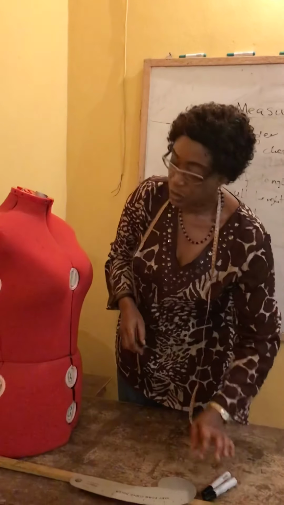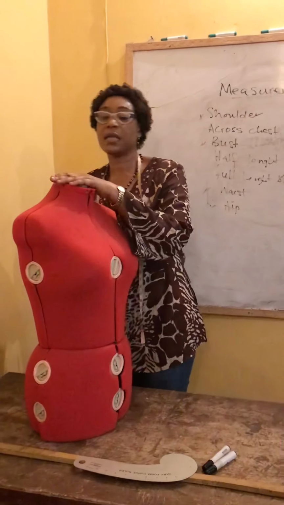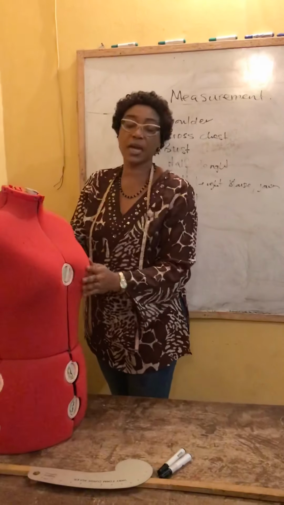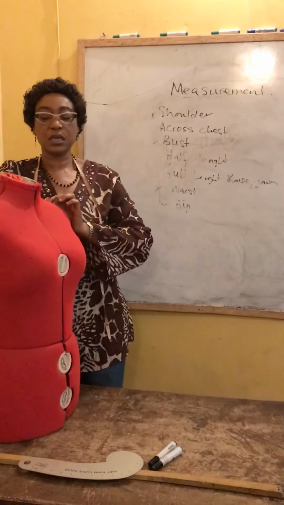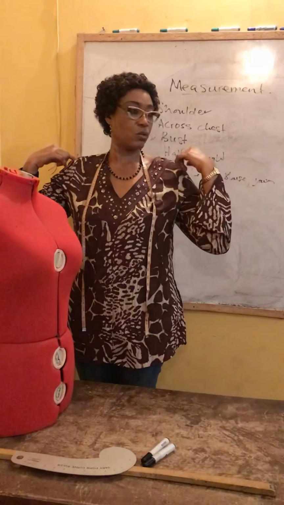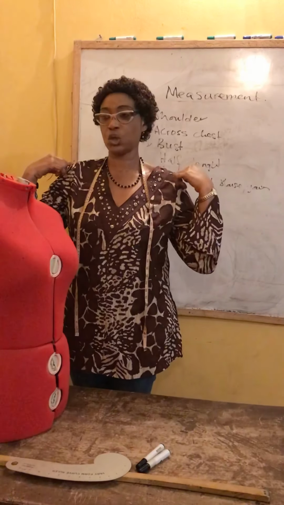So I'm going to use this mannequin as an example to show how we take our measurements. Like I said, we have the shoulder. If you can touch your shoulder, you have the shoulder bone. We call it the shoulder bone. You can feel it just on your shoulder here.